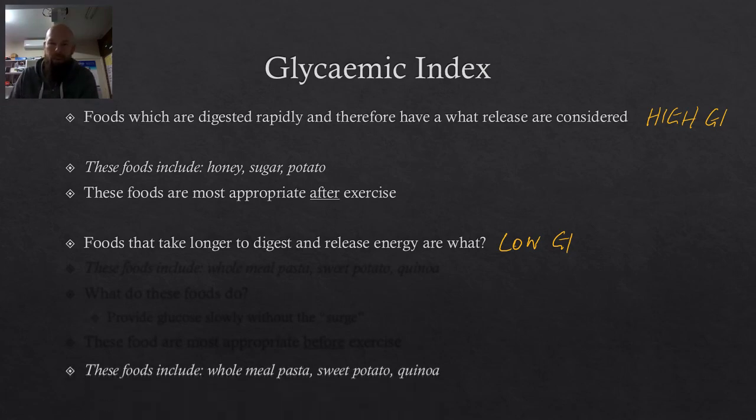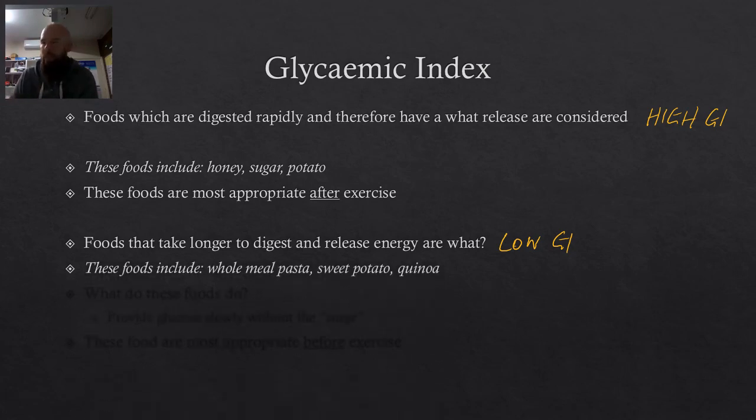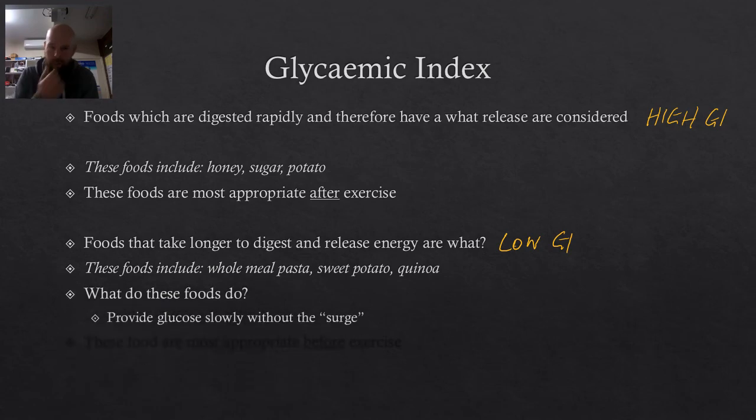So they're your wholemeal pasta, your sweet potatoes, your quinoa. Those foods provide the glucose slowly throughout the day, the event, whatever it might be, without that massive sugar hit that people get.